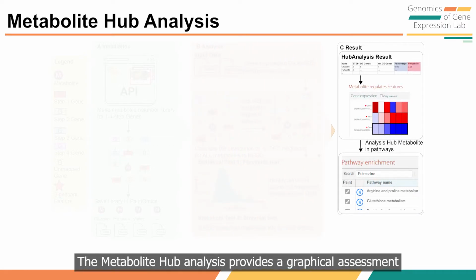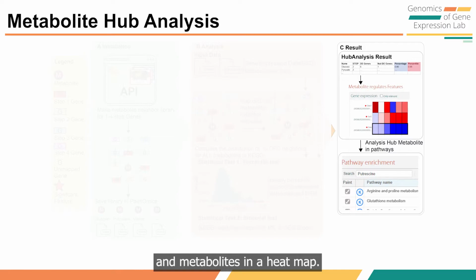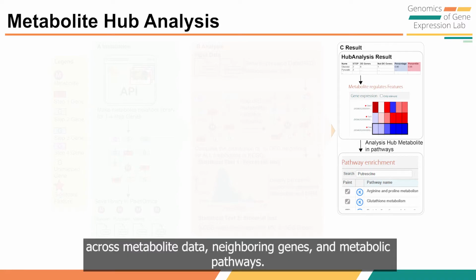The Metabolite Hub Analysis provides a graphical assessment of the magnitude of differential expression for linked genes and metabolites in a heat map. These visualization tools enable easy navigation across metabolite data, neighboring genes, and metabolic pathways.